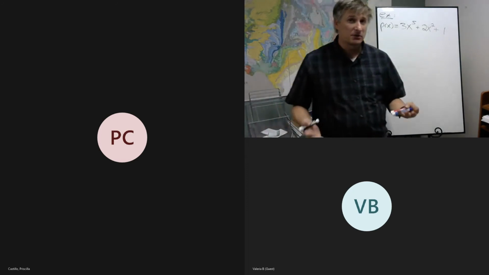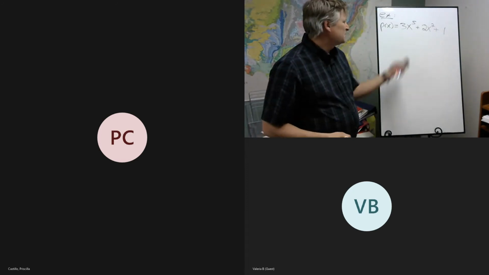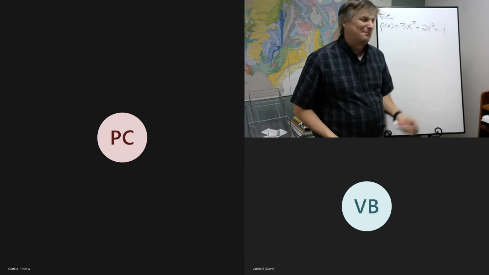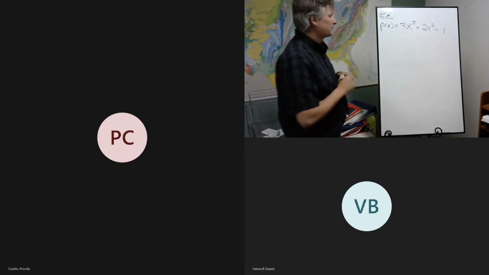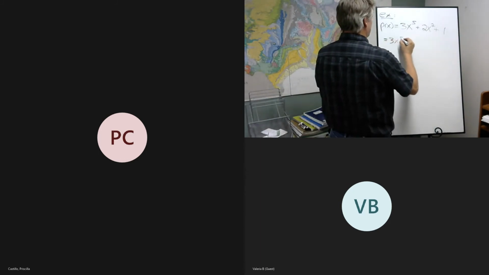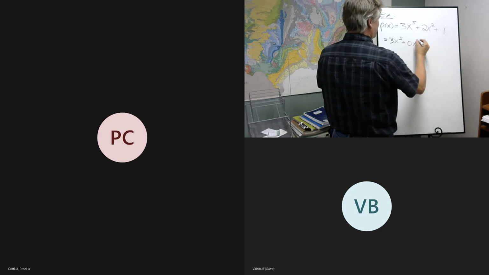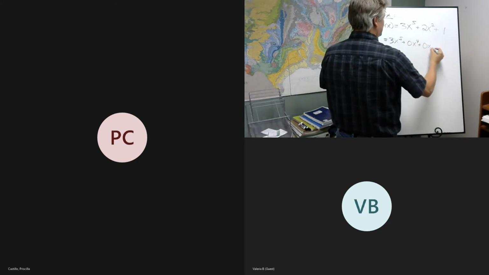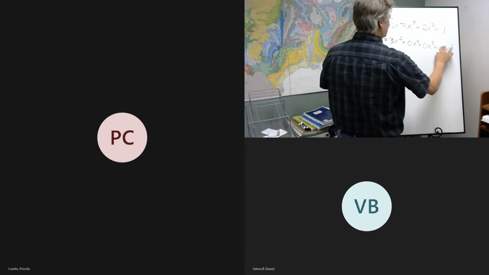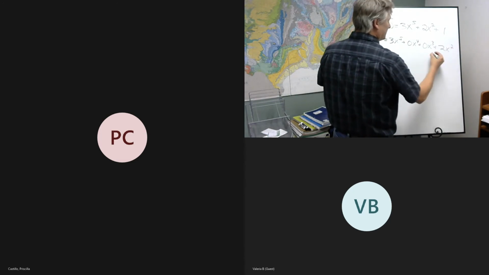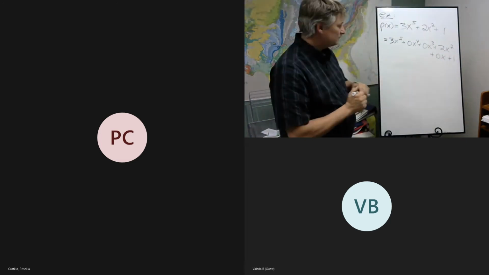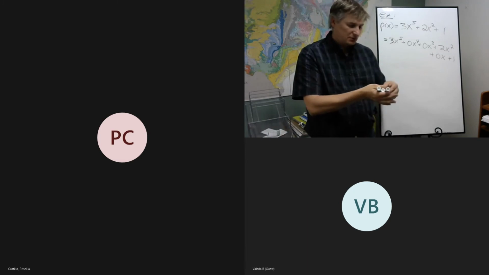We have 3 terms. So is this a 3 term, a 2 term, and a 0 term? Well, this is how this works. We can think of this as 3x to the 5th plus 0x to the 4th plus 0x cubed plus 0x squared. Oh, we do have an x squared: 2x squared plus 0x plus 1. So we can rewrite it in this form.